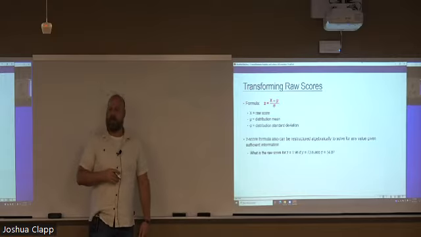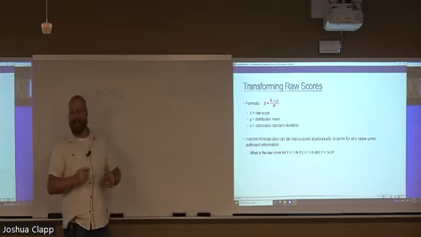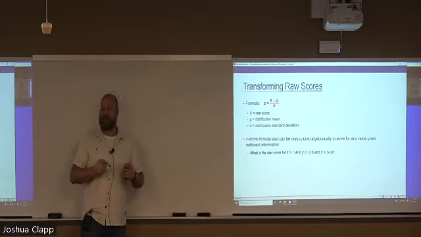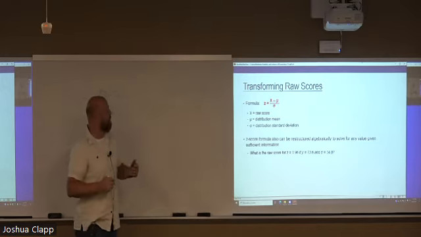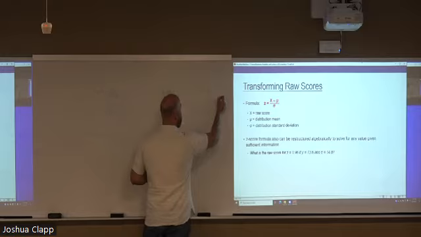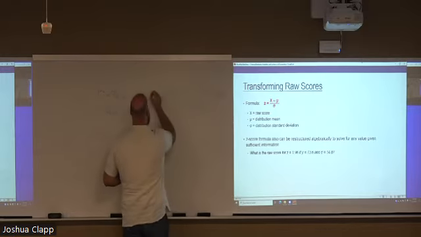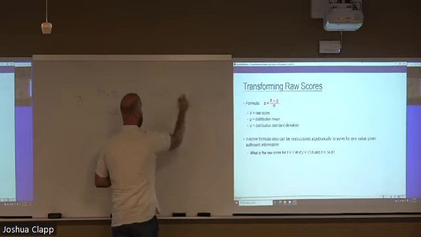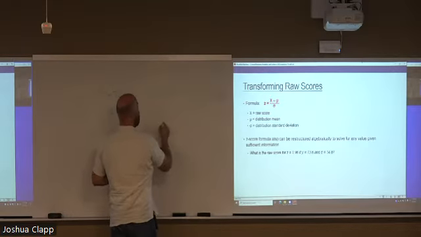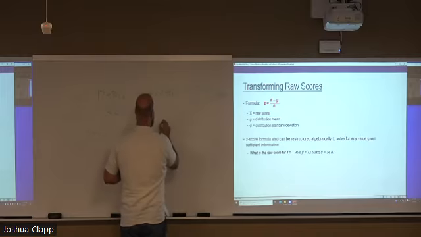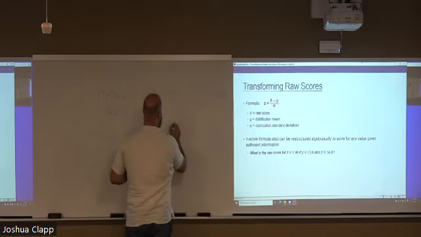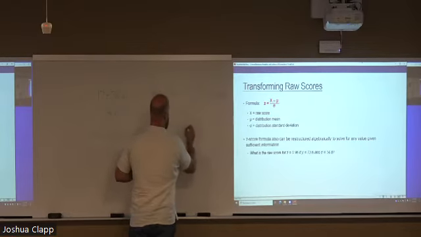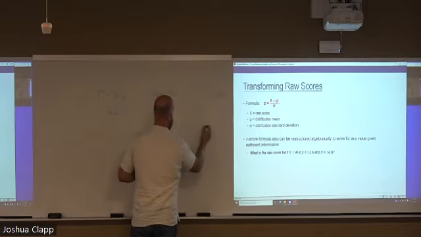Has it been a while since people had solved for x? No? All right, Katie's been solving for x forever. So we cancel the 14.8 by multiplying both sides, and we get 14.8 times 1.96 equals x minus 73.6.